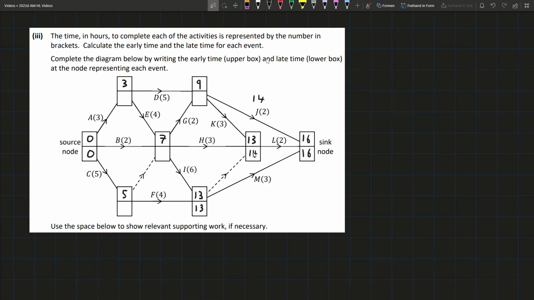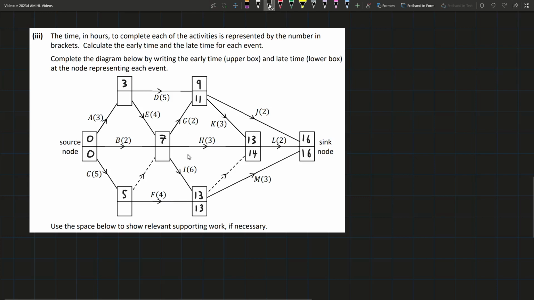Well, since we can reach here after 14 days, we could reach here technically after, if we started here at 11 days, then 11 plus 3 brings us up to 14, and that requirement is in fact met. But the late time is 11, that means. Because if it was 14, then we'd have 14 plus this 3, which is 17, plus the 2. It ends up getting delayed. So we have to put the 11 there. Even though this one is 14, we have to take into account that this also has to be met. So we put 11 in there.